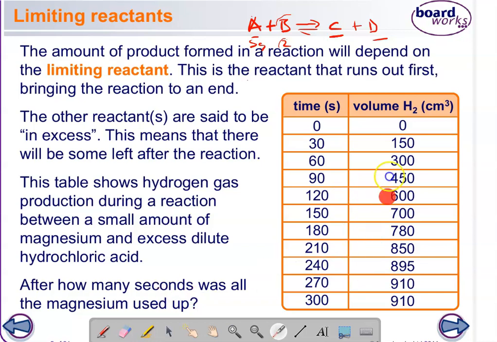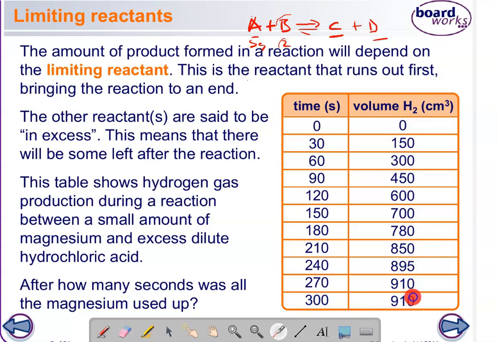Now we want to use this table to identify the time at which all the magnesium was finished. If you look at the table, you will see that the magnesium completely ran out after 270 seconds. You see that after 270 seconds, when you go to 300 seconds, the amount of hydrogen produced remained the same.